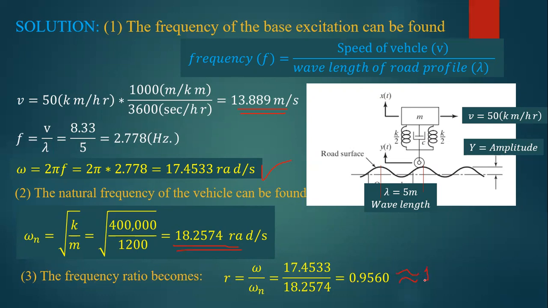So the designer must take care of the design by checking the different parameters, maybe reducing the speed, since the wavelength of the road profile is already fixed, so that some mechanism must be drawn for such a case. It is near to the resonance condition. So this is the frequency ratio.